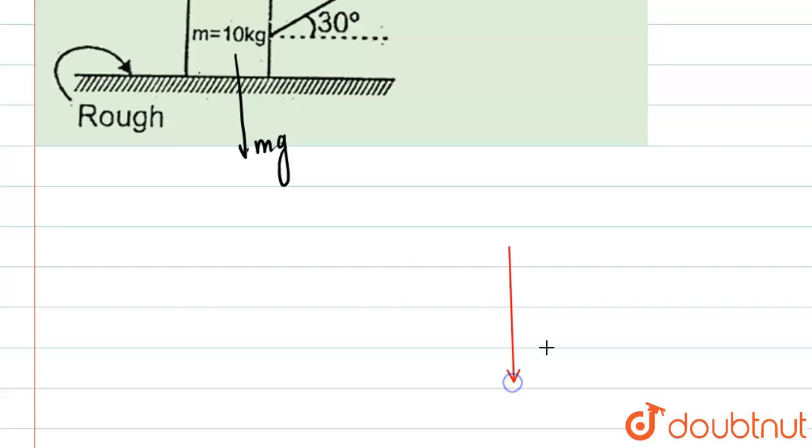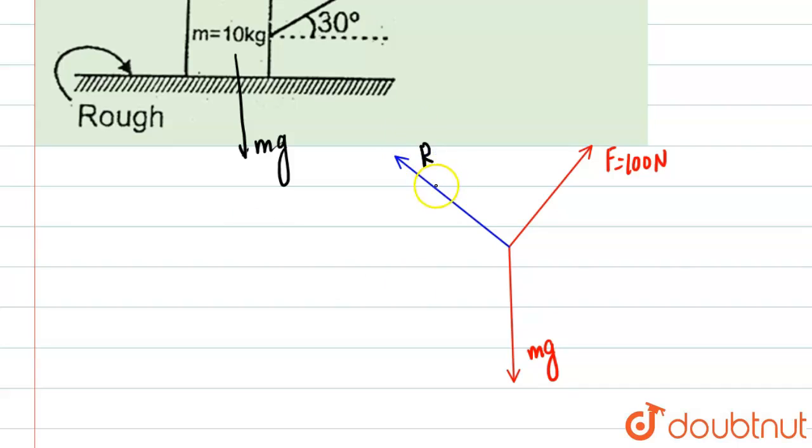There is an mg force downwards and there is an F force on this side, where F is equal to 100 newton and this is equal to mg. So that the block remains in equilibrium, one force has to be added on this side, and this is the resultant force.